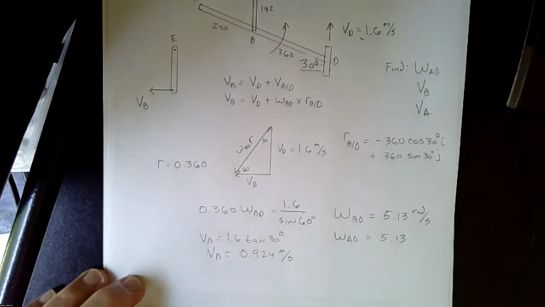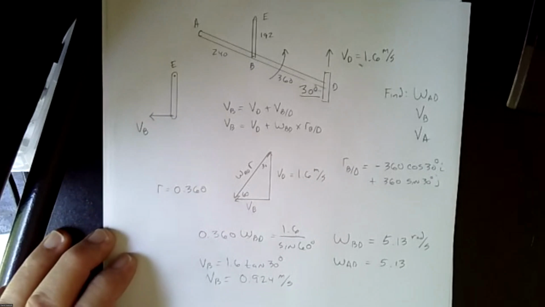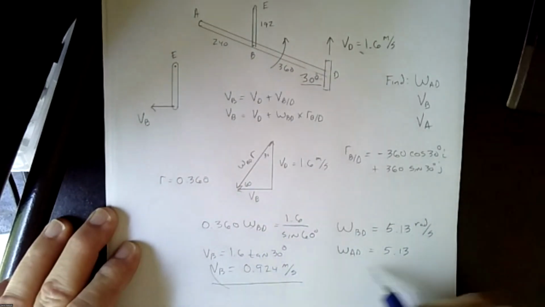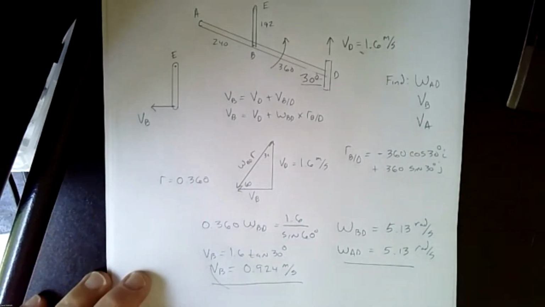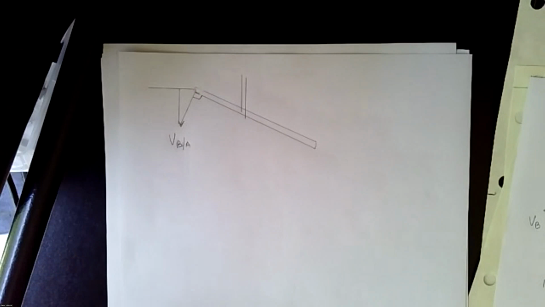Now we want to know what is the velocity of point A. So we have VB and we have omega. So now we just need the velocity A and we'll be finished. Okay, so now we want to know what the velocity of A is.